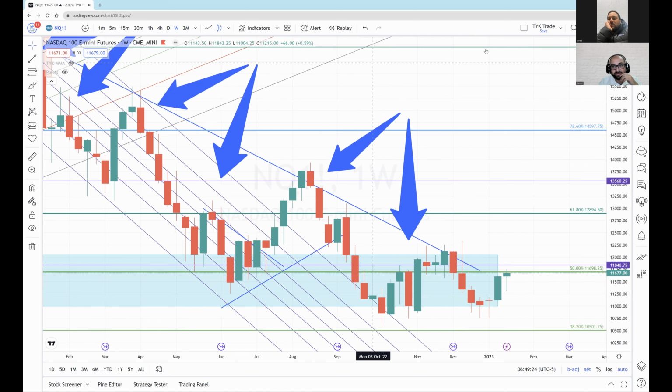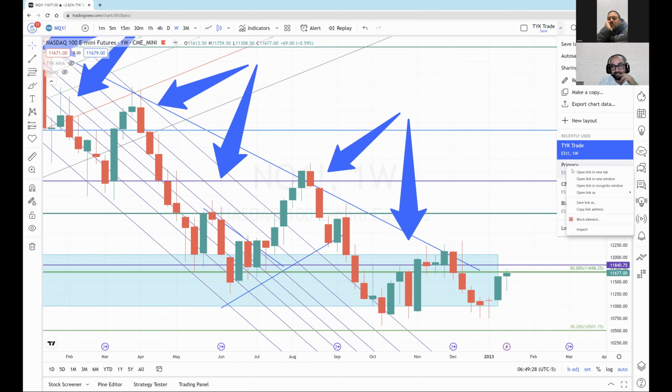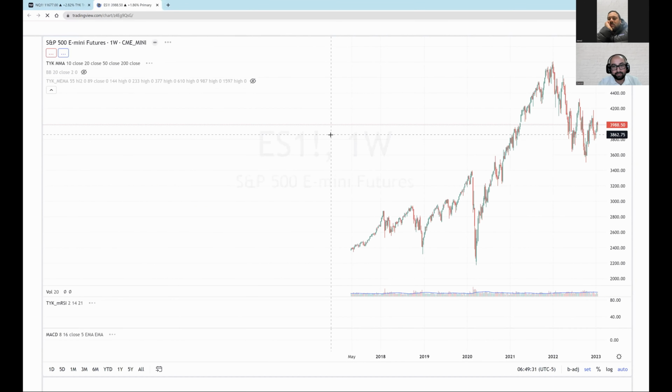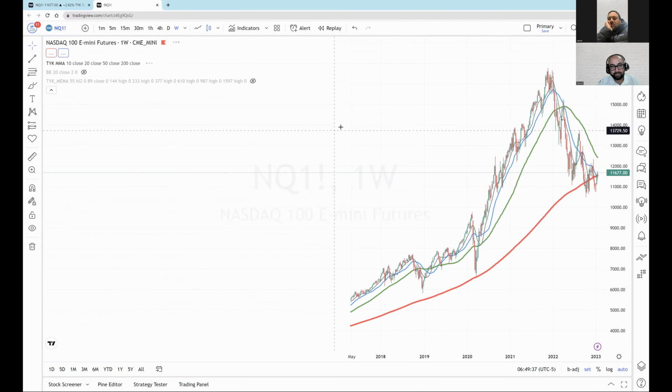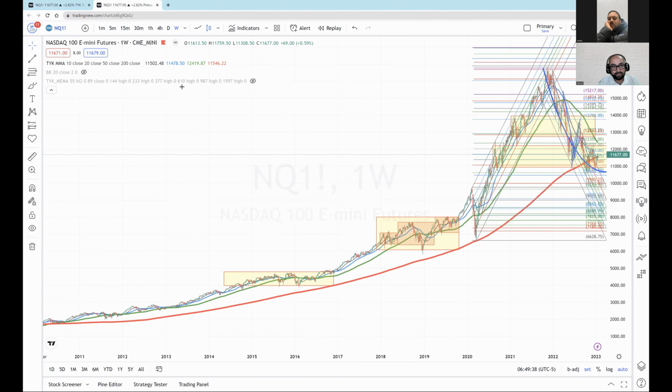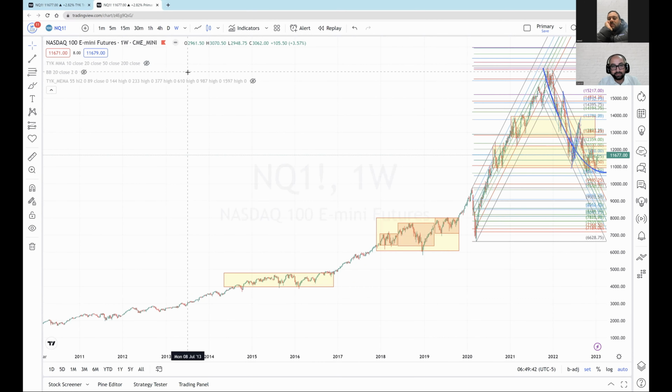Not this one, sorry. Let me get rid of these lines.